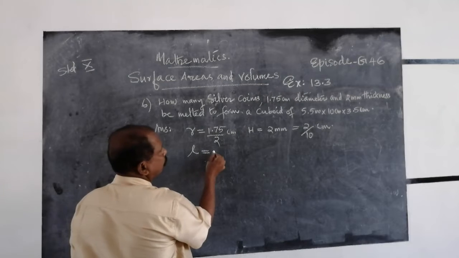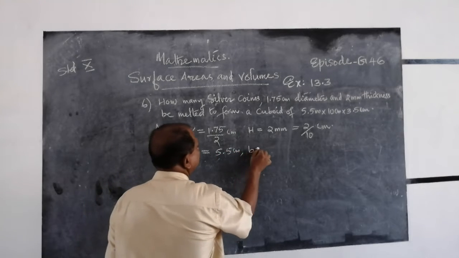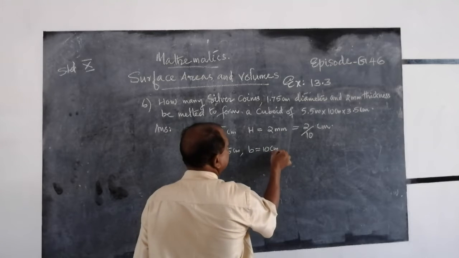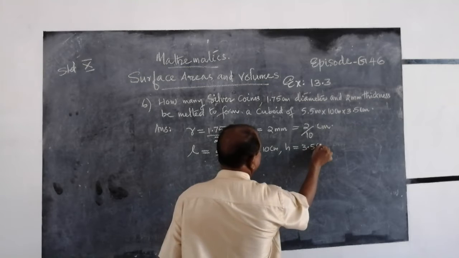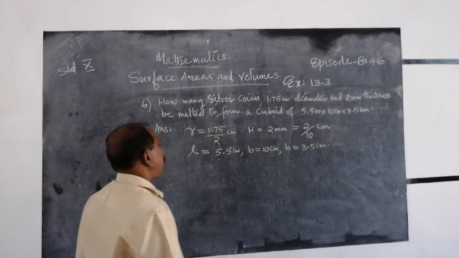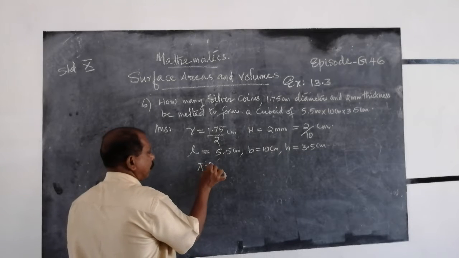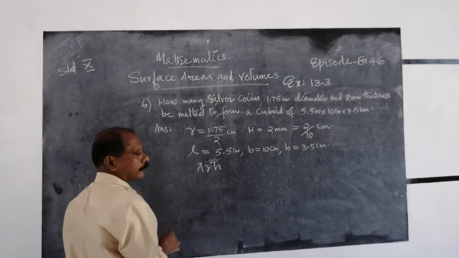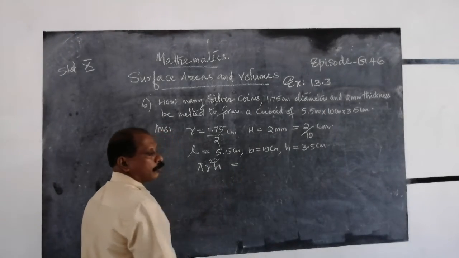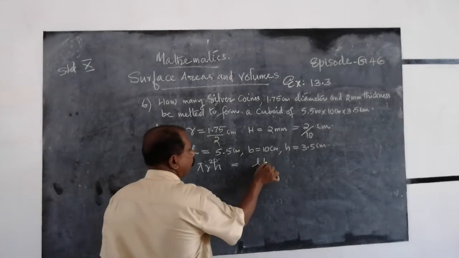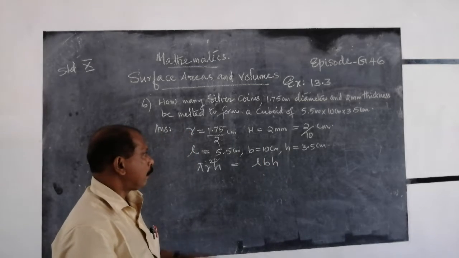Then L is equal to 5.5 centimeter, B is equal to 10 centimeter, X is equal to 3.5 centimeter. Then volume of the cylinder, that is pi r square x, is equal to LBX, that is the volume of the cuboid.